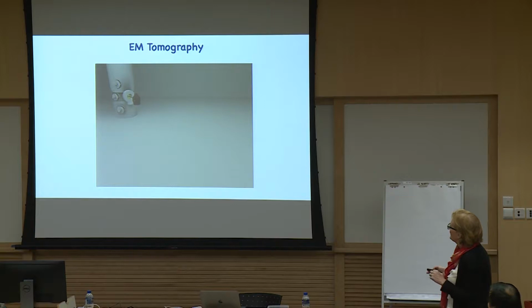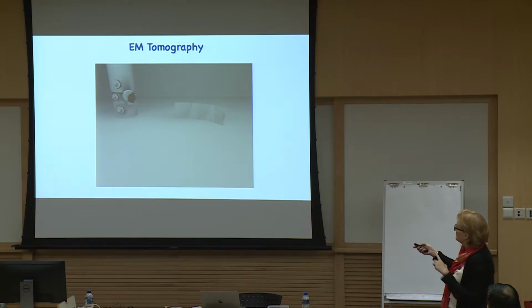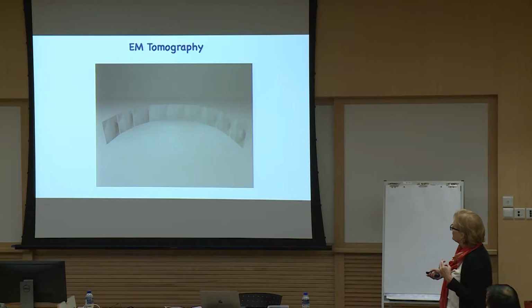So tomography, I already alluded to how it works. Notice that the sample is tilting. So here the sample holder tilts in one direction and the other. And then when we back project the images, we can reconstruct the three-dimensional structure.